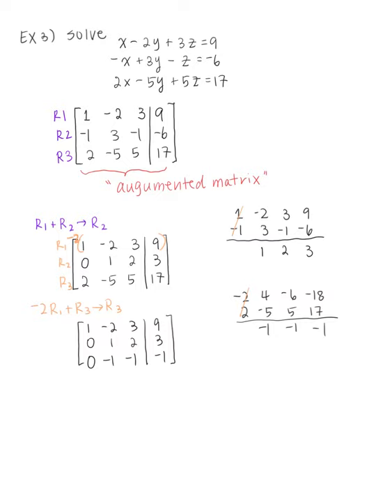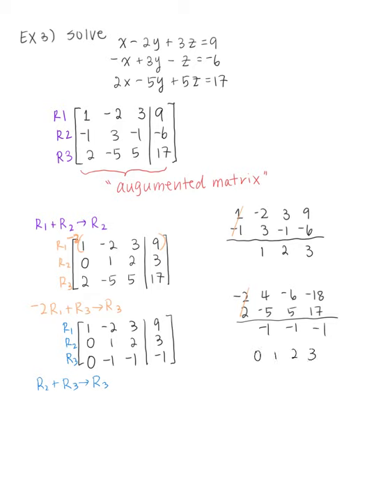Okay, so let me just write my operation. Let me just call them row 1, row 2, row 3. So I'm just going to add row 2 plus row 3 and then write the result in row 3. So as side work, let me just copy down our row 2, which is 0, 1, 2, 3.